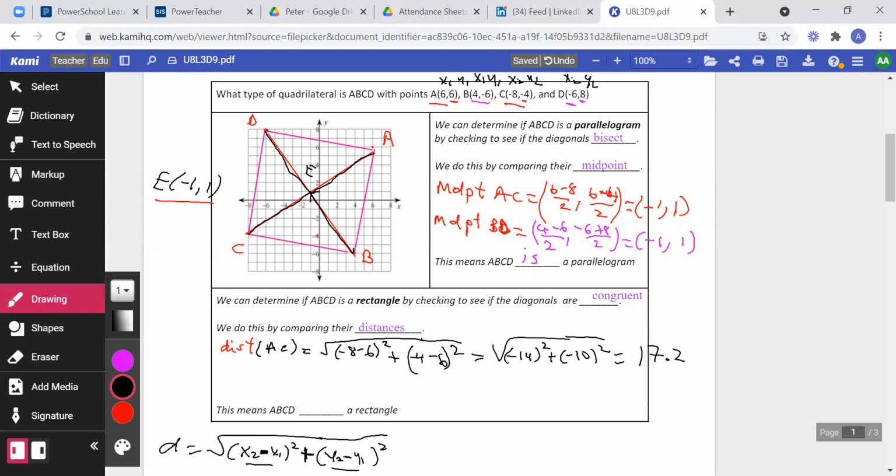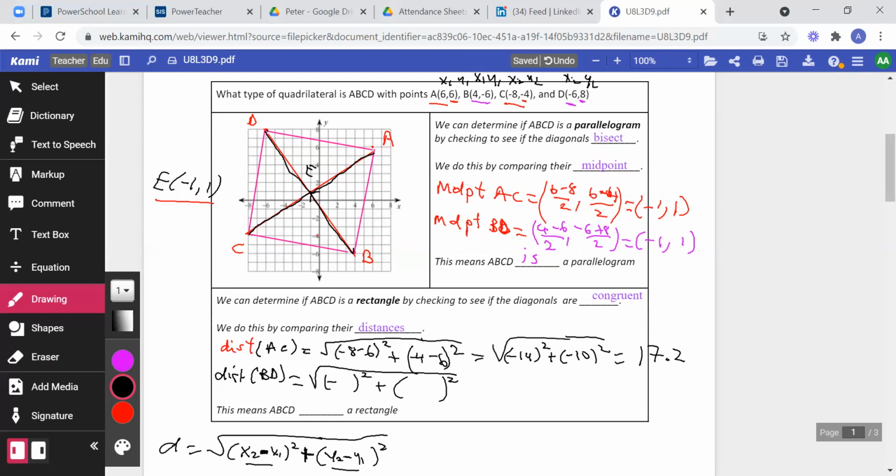Let's find BD. So you're gonna take also distance BD, which is gonna be the square root of the sum of the difference of the square of the x values.